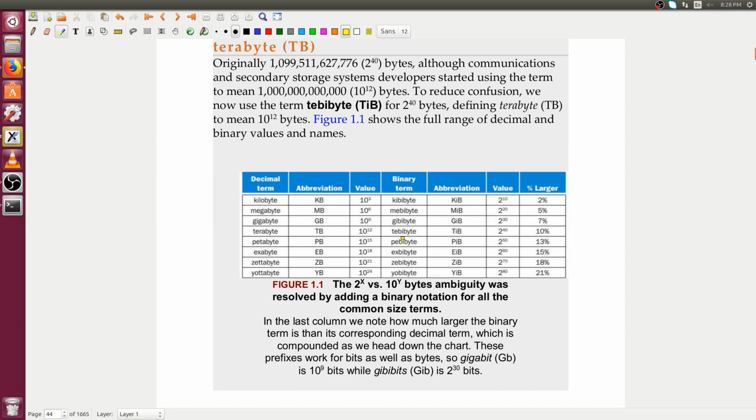Generally when we're talking about binary, we do 2 to the power of 10. So if someone says 1K or 2K, or they say a meg or a gig, most of the time they're probably referring to the base 2 number. 1K is generally 2 to the 10th, which is 1024.